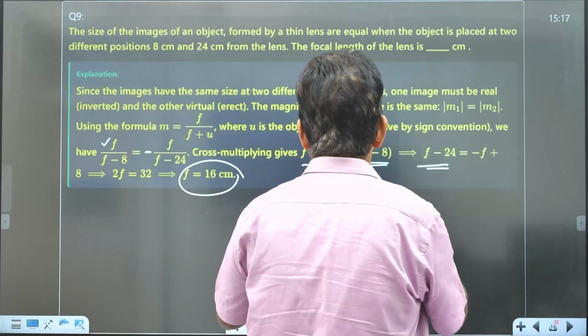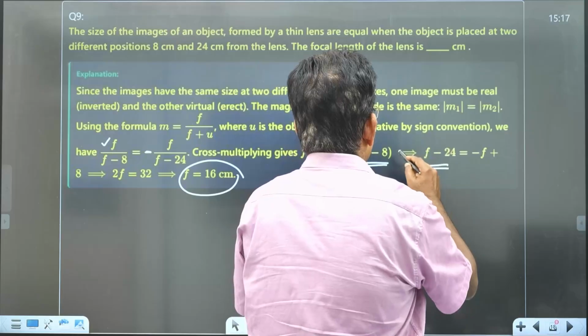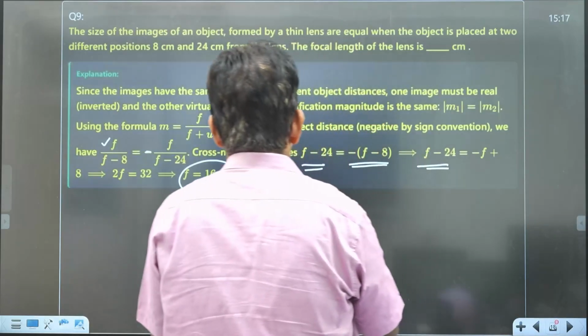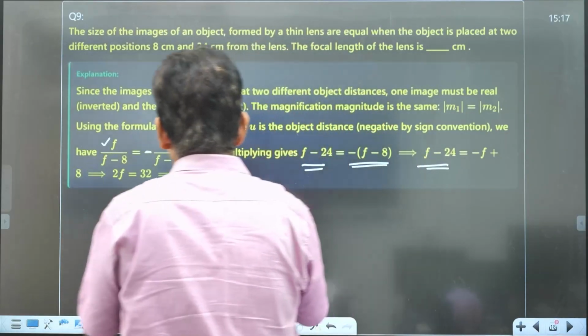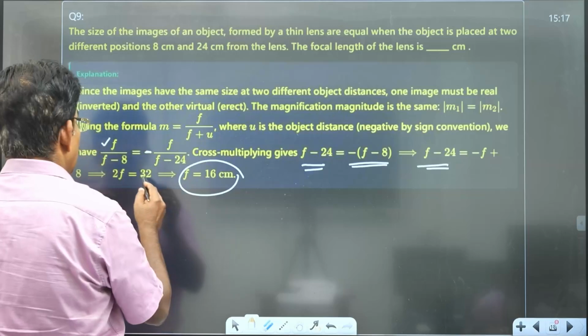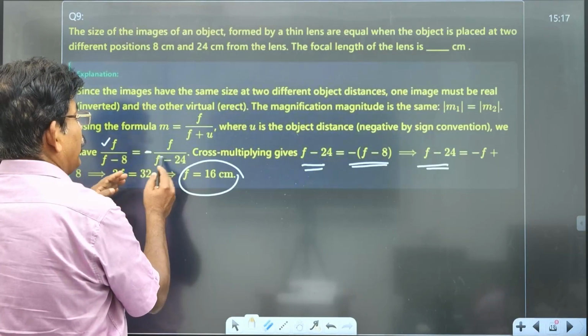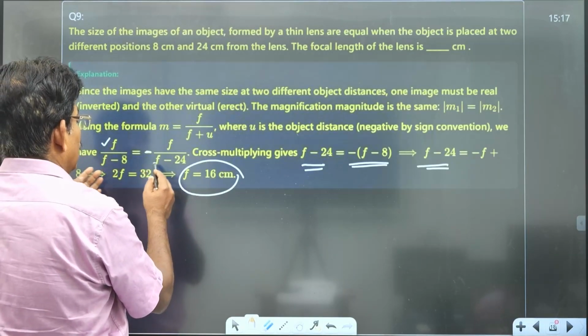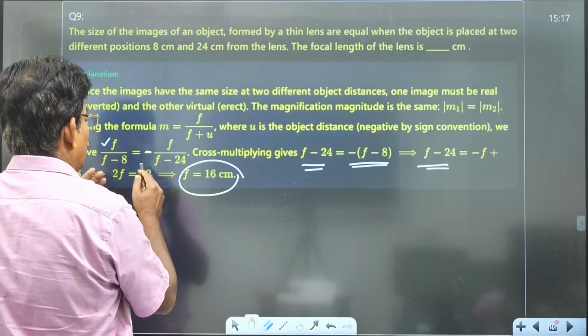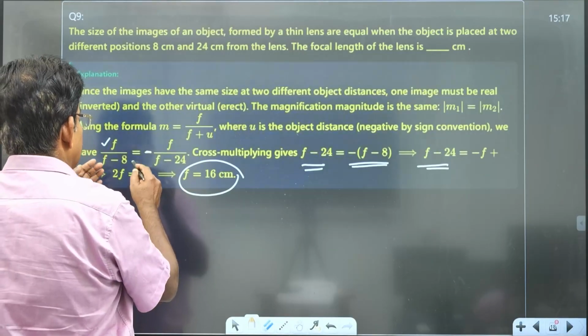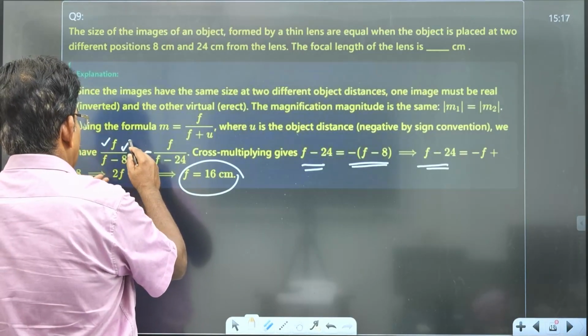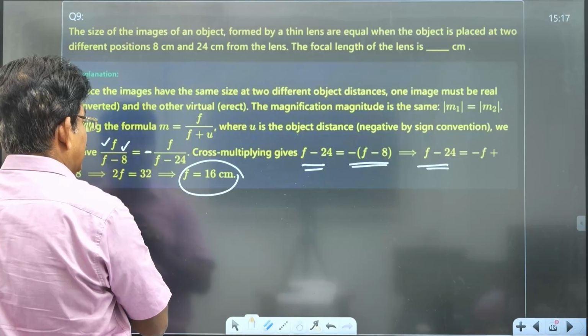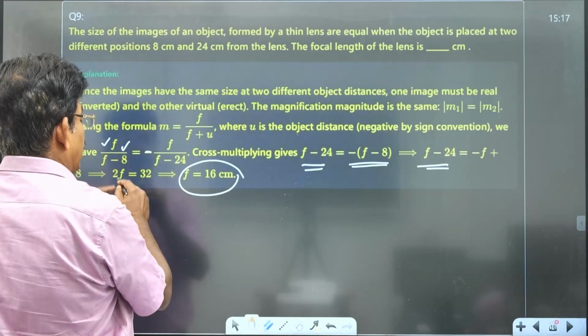Simple problem. Here the magnitudes are equal, but when you equate them, if you equate the magnitudes directly, there is no meaning in the expression. So we have to expect the real situation. This is a virtual image, f divided by f minus 8, because the object is kept within the focal length.